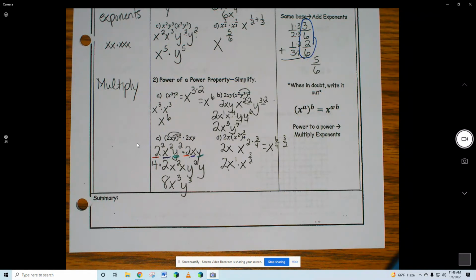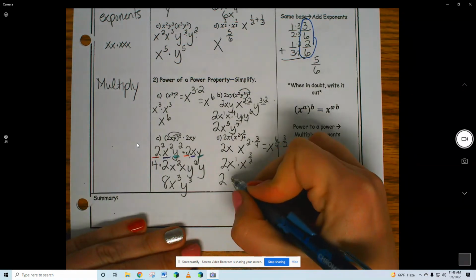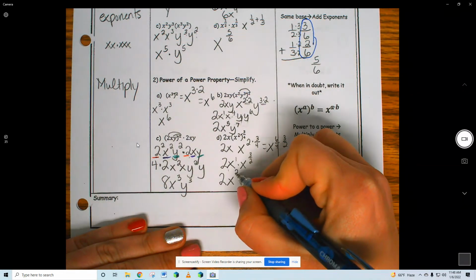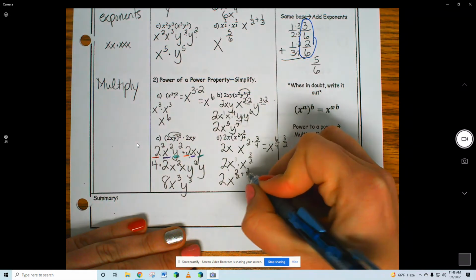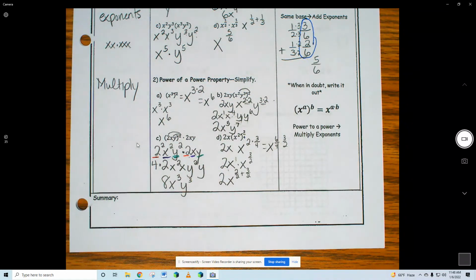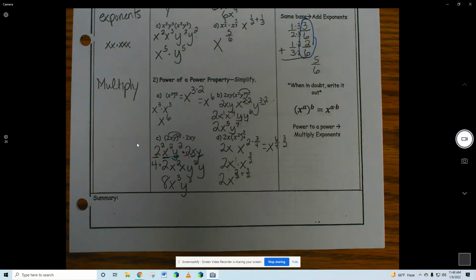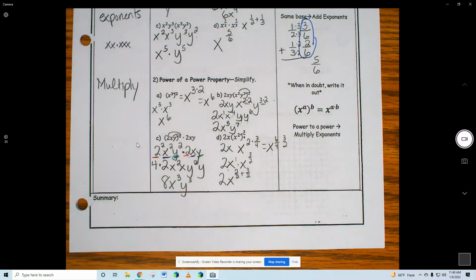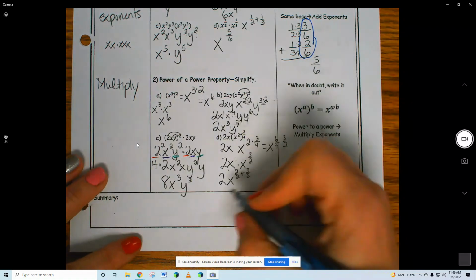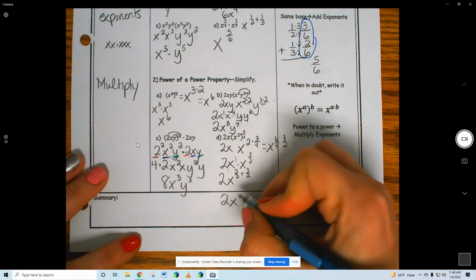So I'm going to make this x to the first power (2/2) plus 3/2. I can do that. That's all fair. You got to be good with fractions, you guys. This is no joke. Welcome to 9th grade. 2 times x to the 5 halves.